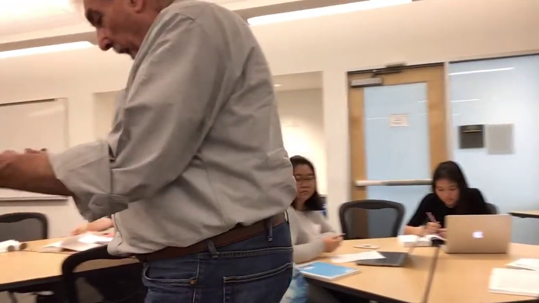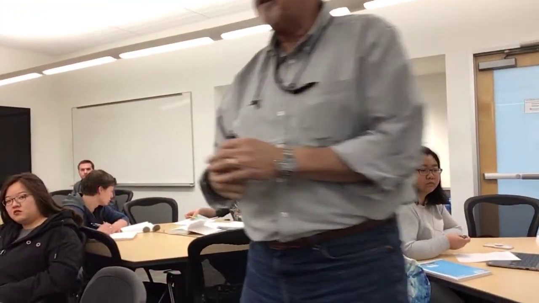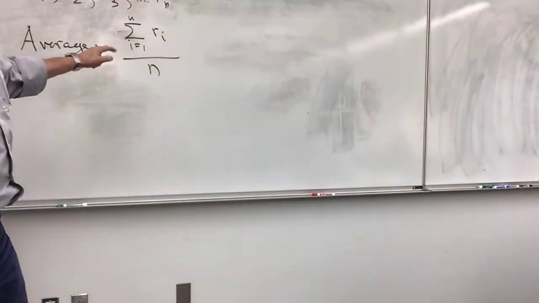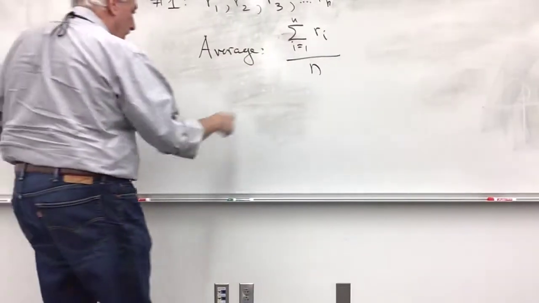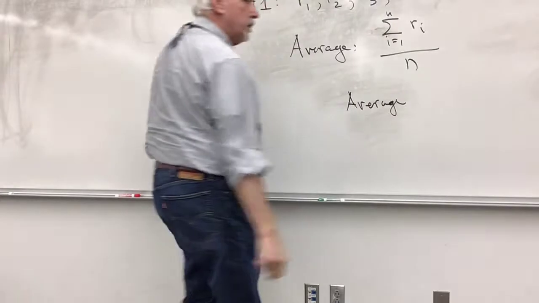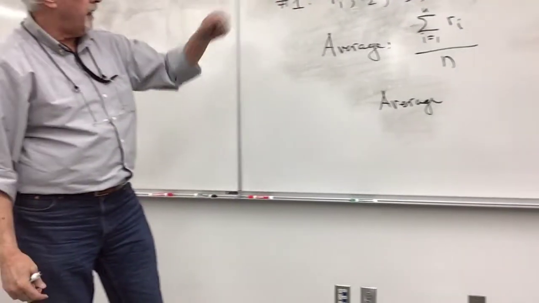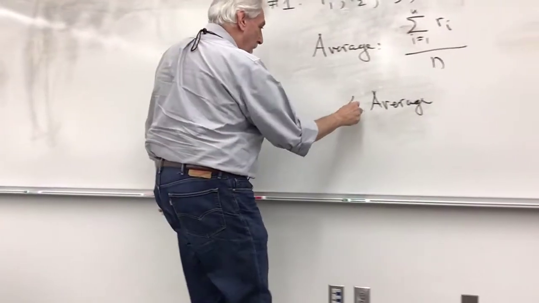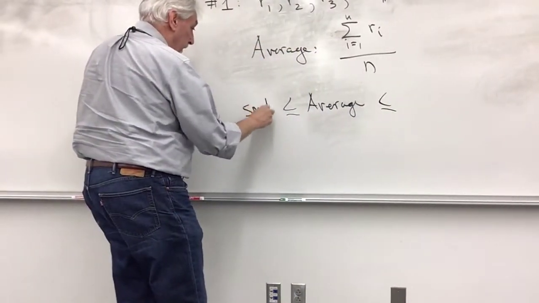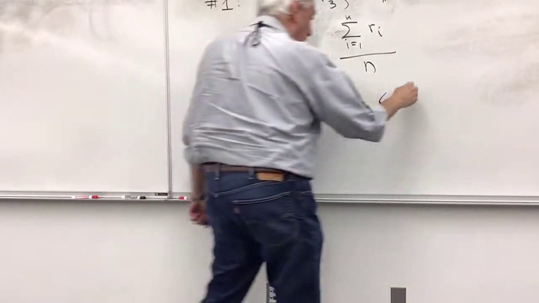Now, degrees are just real numbers. One of the first things you did in Math 3000 was show that the average of a set of n numbers lies somewhere between the smallest and the largest.